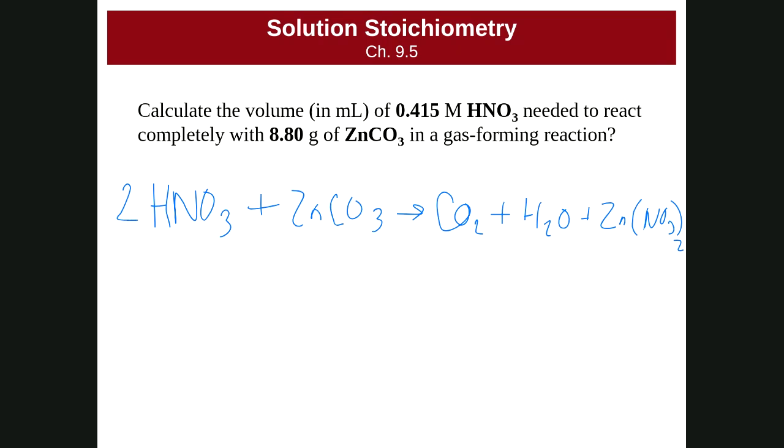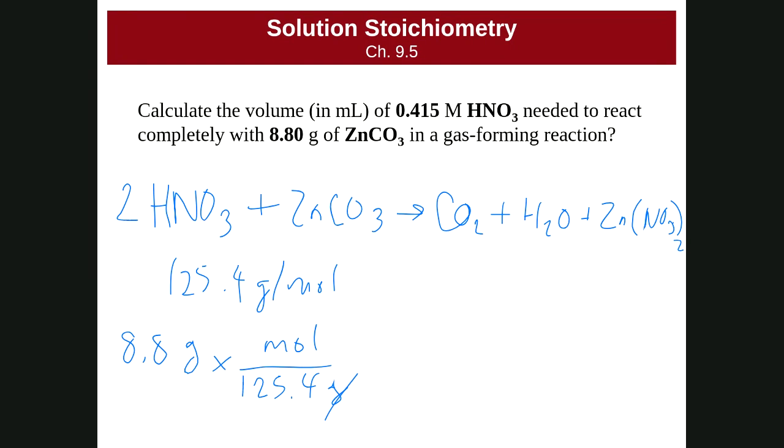All right, so we want to find out how much nitric acid is needed to react with 8.8 grams of zinc carbonate. Our molar mass of zinc carbonate is 125.4 grams per mole. So 8.8 grams divided by that molar mass. We can cancel out our grams.